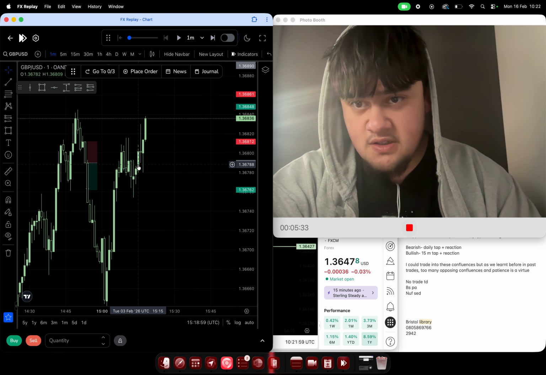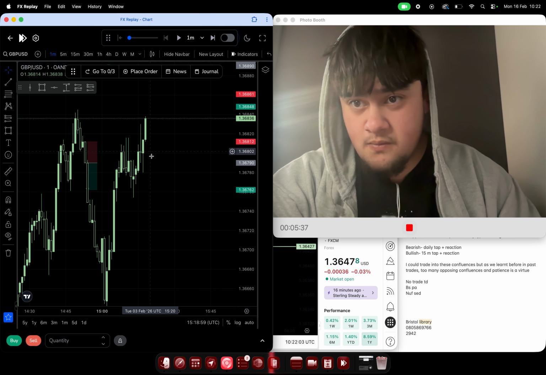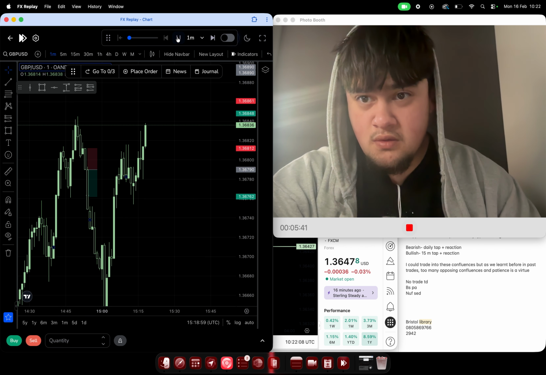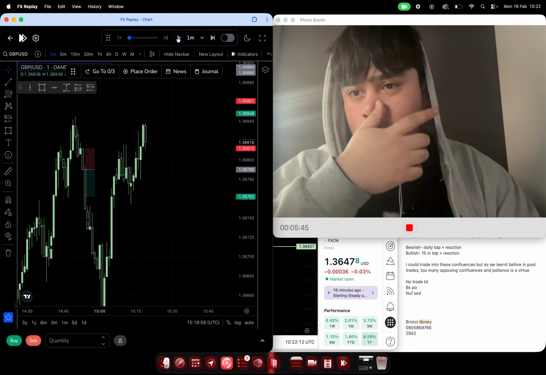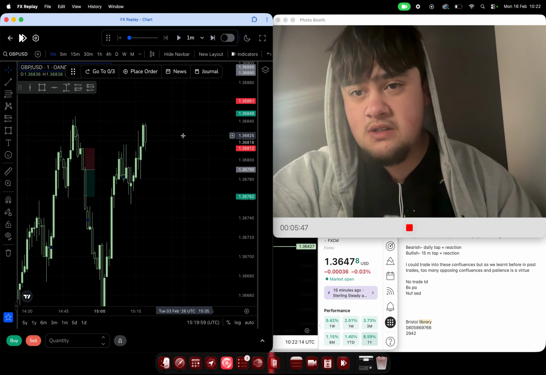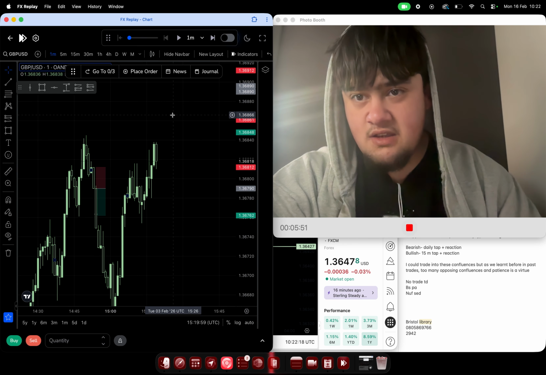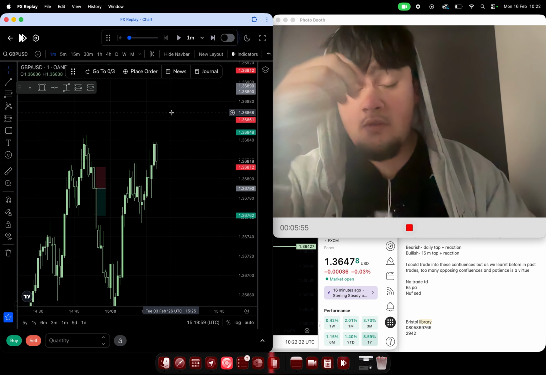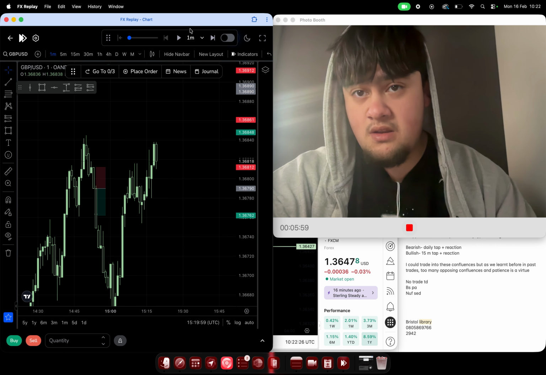Again, this is fair value gap, tapped in, closure above. I'm not taking it because you got opposing confluence there. This is what I always be on about when I say opposing confluence when you enter, because you could enter here and then take it to wherever, but the possibility of your stop loss getting hit instead of take profit getting hit is more.